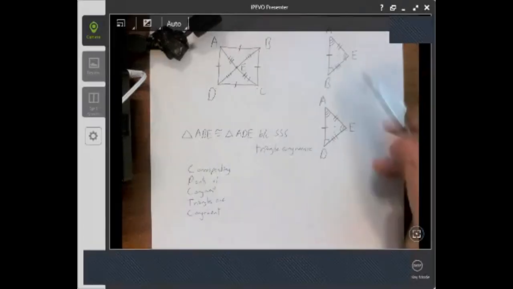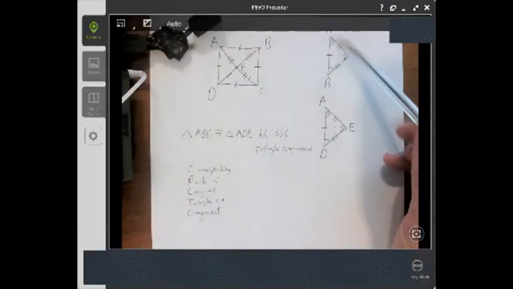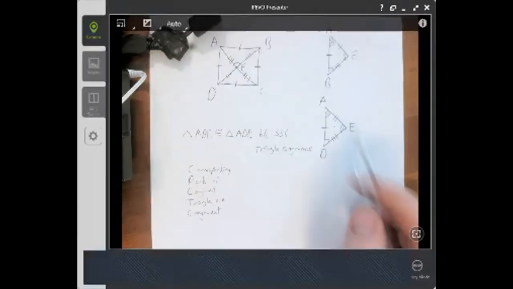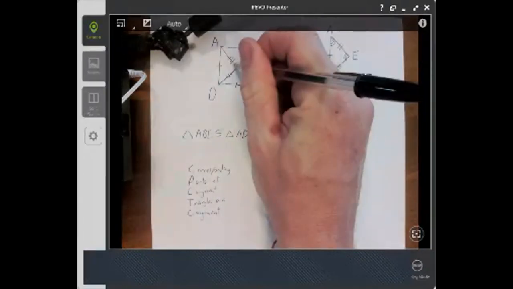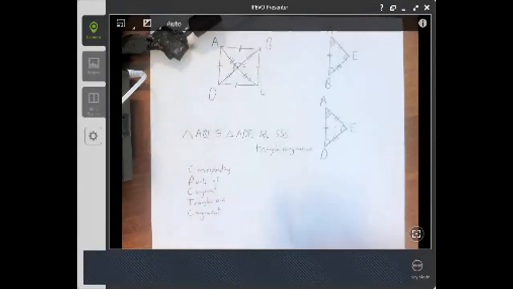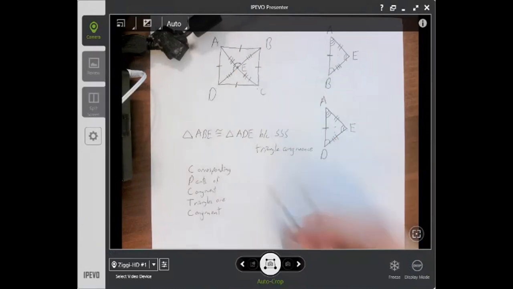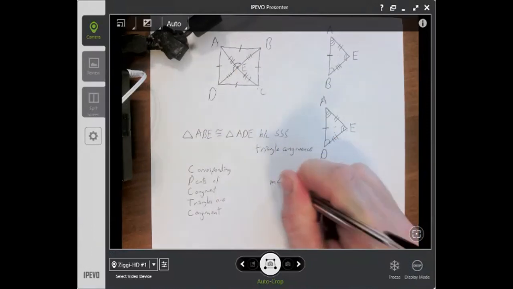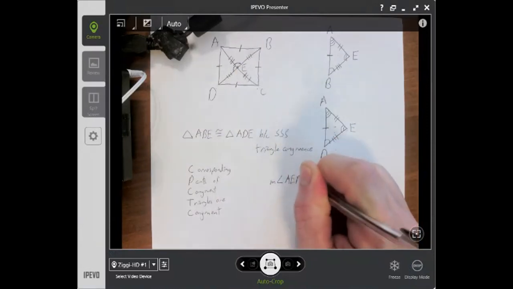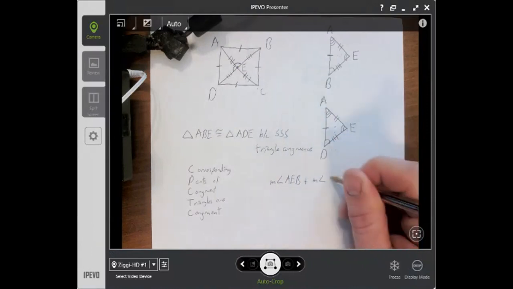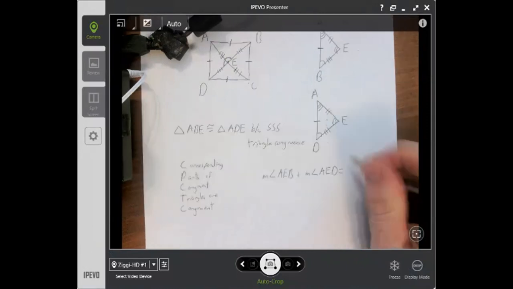We know that angle AEB, this angle right here, and angle AED, this angle right here, are congruent to each other. Well, those 2 angles make a linear pair. So the measure of angle AEB plus the measure of angle AED has to be 180 degrees.